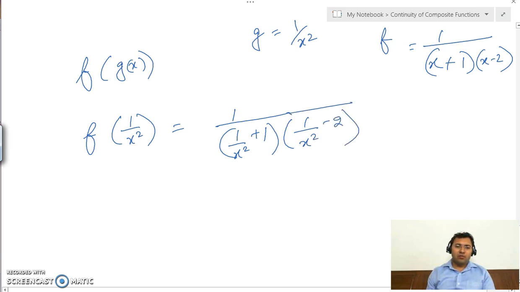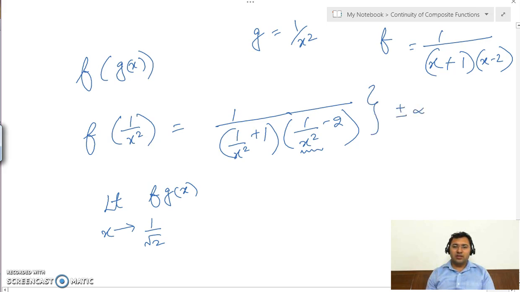Now if we calculate the limit as x tends towards 1 by root 2 of f of g(x), it goes towards infinity, because if we put 1 by root 2, the factor 1 by x square minus 2 goes towards 2 minus 2, which is 0, either 0 plus or 0 minus. This expression will reach towards plus minus infinity.